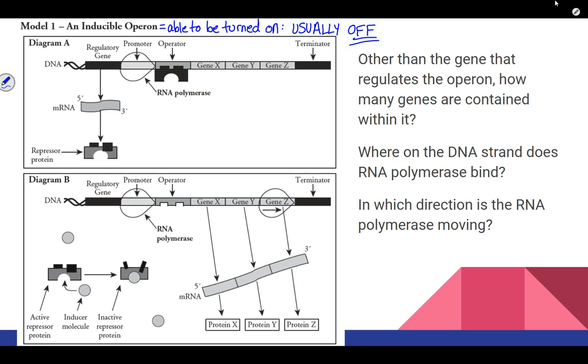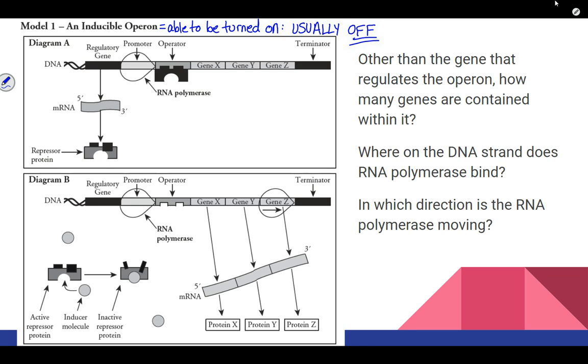Lactose is a sugar, and when it's around, bacteria can digest it and use it for energy. It takes enzymes to break down that molecule. But if there's no lactose around, why would you waste energy in your little tiny cell making enzymes that don't have a function, right?